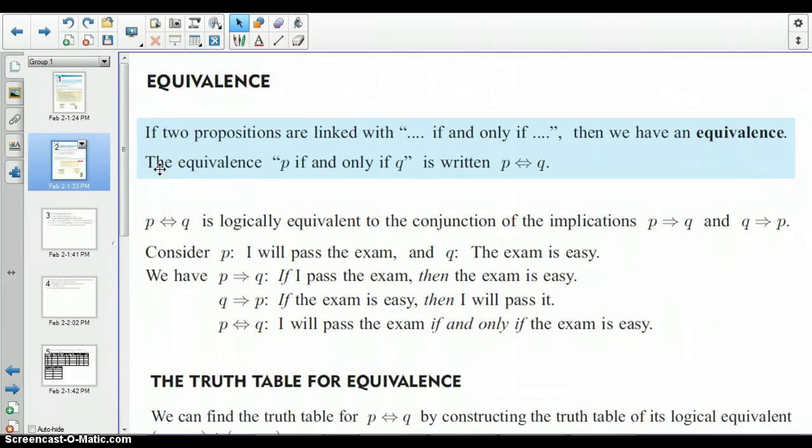Let's go look at equivalences. When we have an implication linked with if and only if, this now becomes an equivalence.